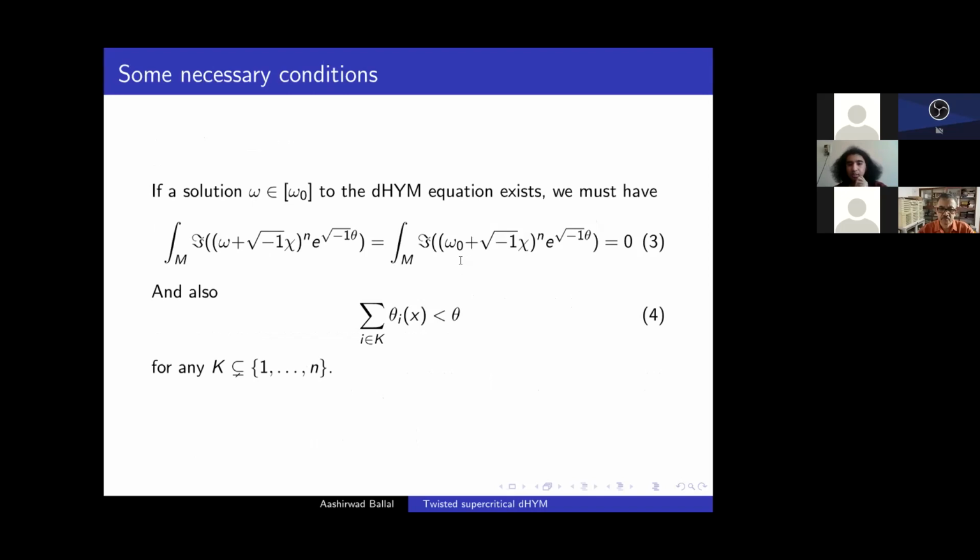Now we look at some conditions which are necessary if we are to have a solution to the deformed dHYM equation. Firstly, because this thing should be equal to 0 for some omega in this class, the integral of the whole thing should also be 0. So that's one trivially necessary condition.